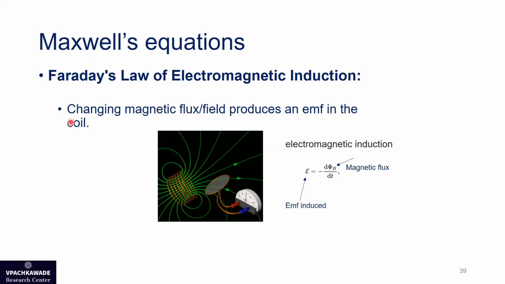So again, the changing magnetic flux or the magnetic field will produce an EMF in this coil. Mathematically we say that E, a special symbol here, indicates the EMF induced in that coil, and it is equal to the negative rate of change of the magnetic flux phi b.